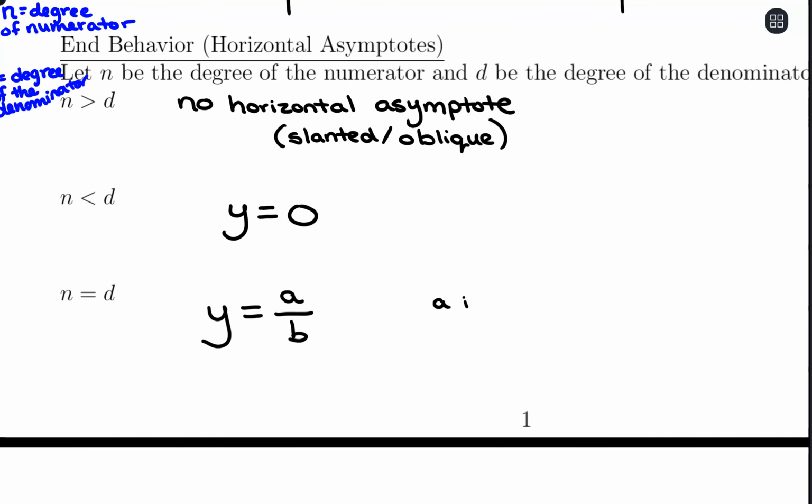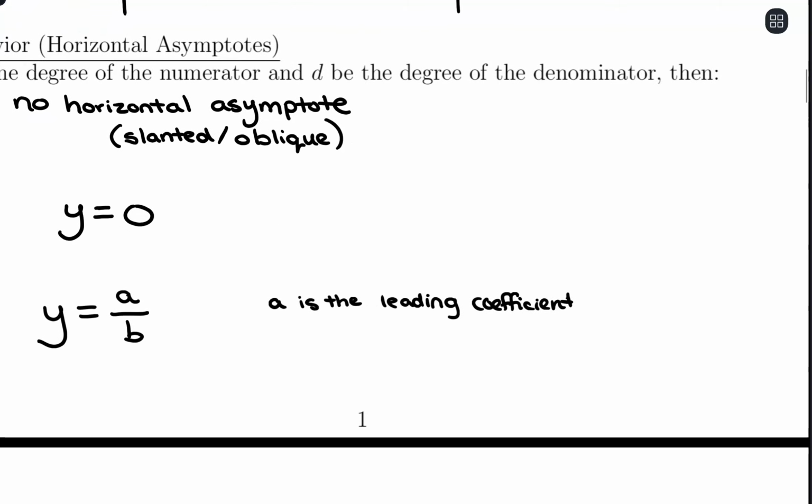A is the leading coefficient in the numerator, so a is the leading coefficient of p of x. And b is the leading coefficient of q of x. So it's the ratio of the leading coefficients.